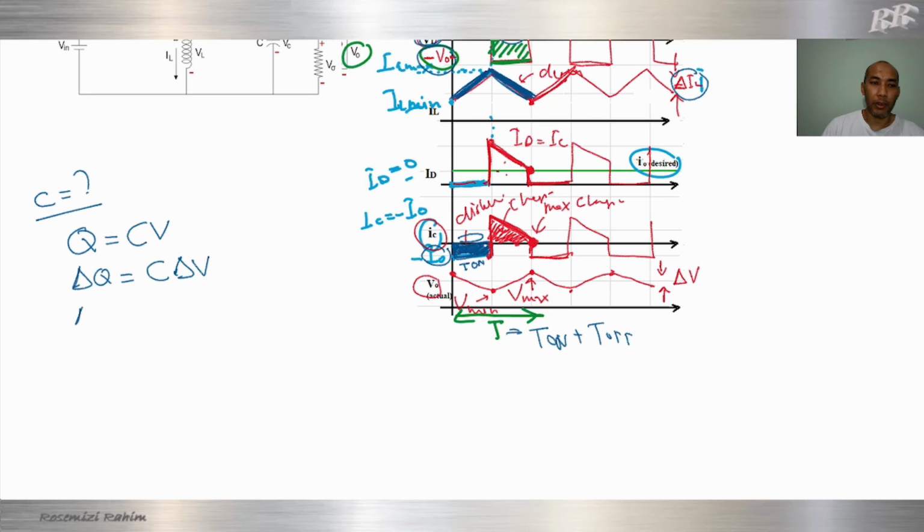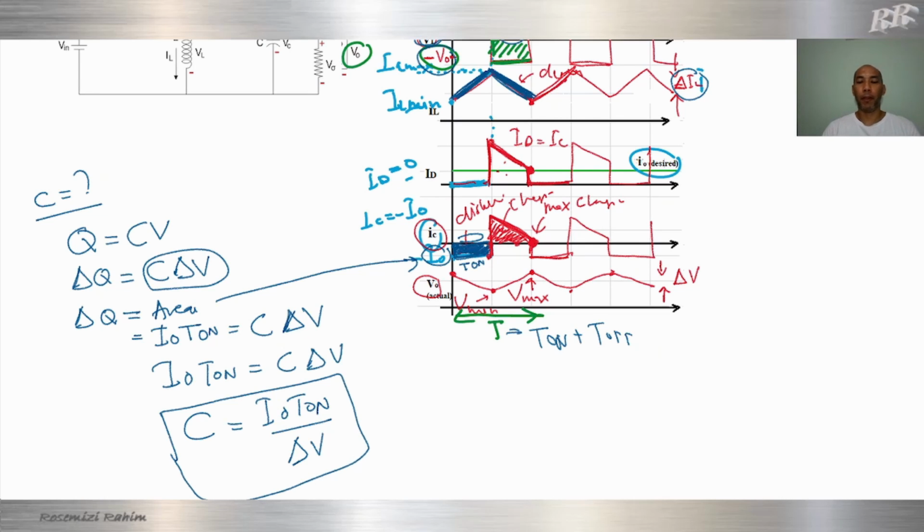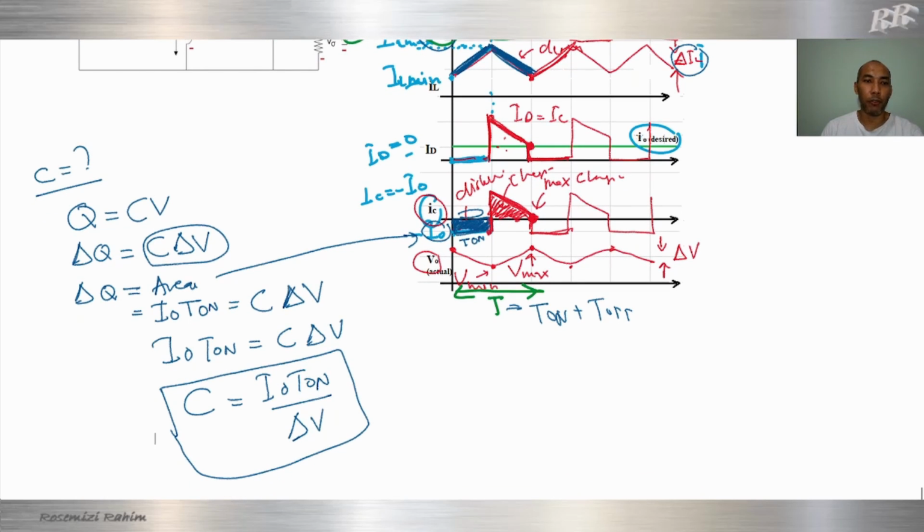So the change of charge equals this area, I naught times T on, which is also equal to C delta V. So I naught T on equal to C delta V. Just arrange it: capacitor C equal to I naught T on over delta V. Alright, this is the equation for the capacitor of our buck and boost converter.